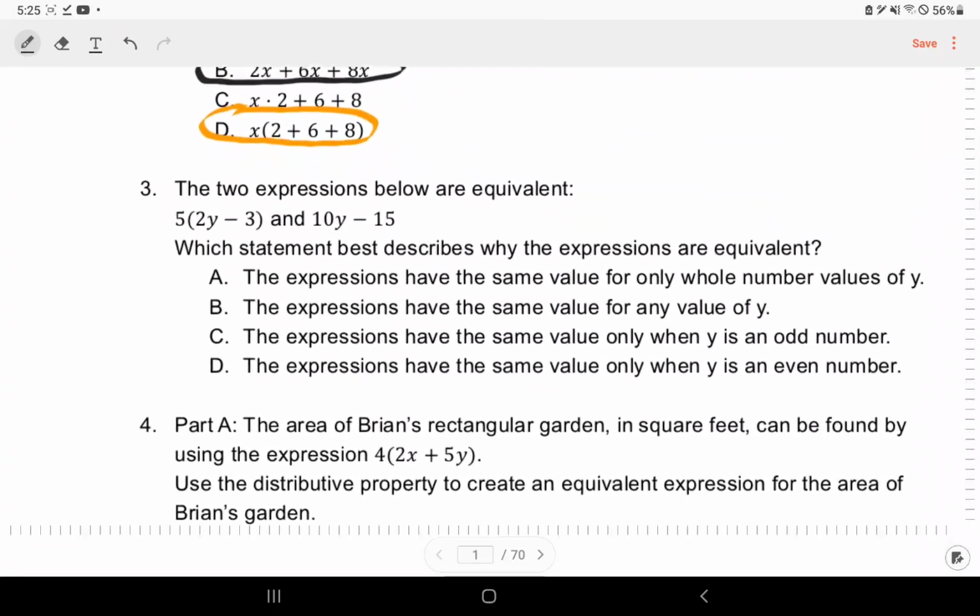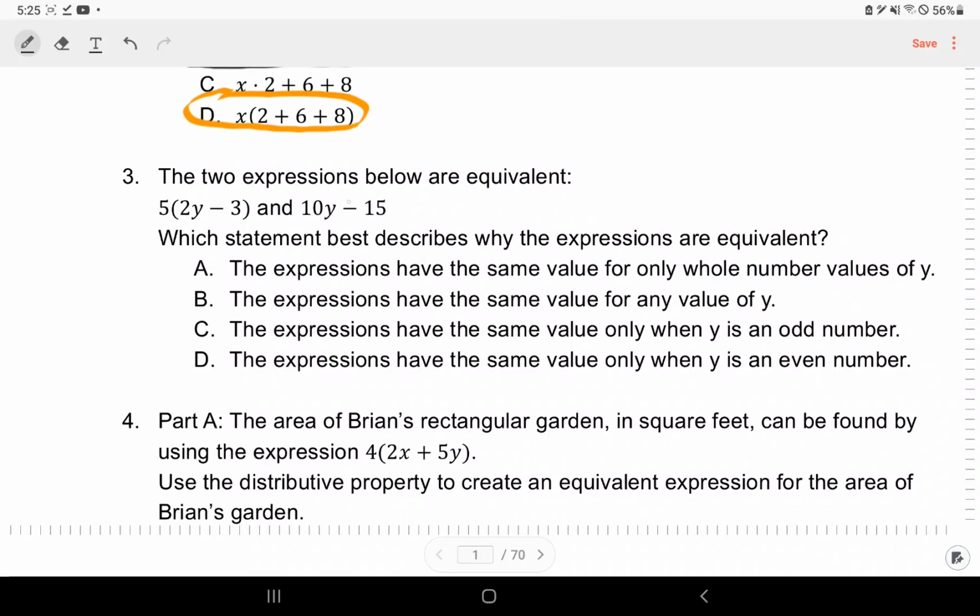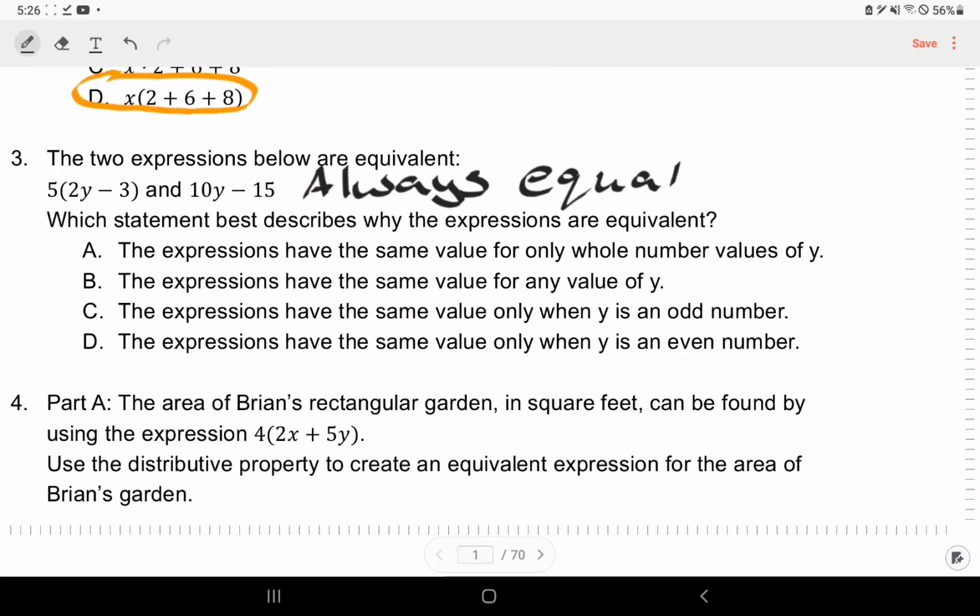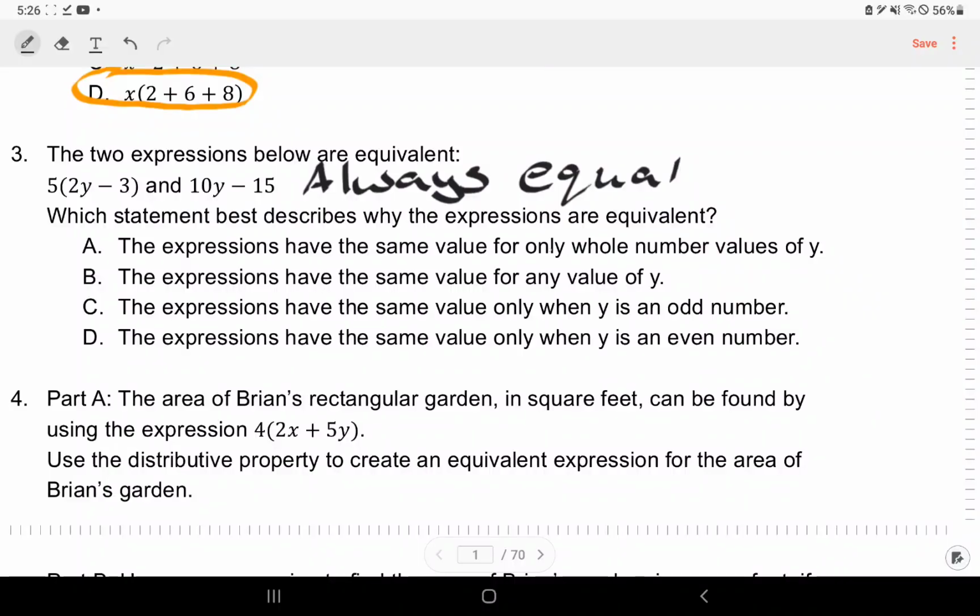Now for question 3, these 2 expressions are equivalent. And so that means always equal. Well, only whole number values of y, that's sometimes.